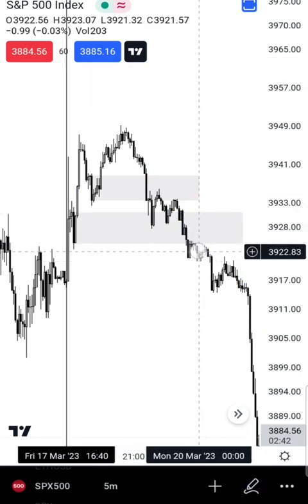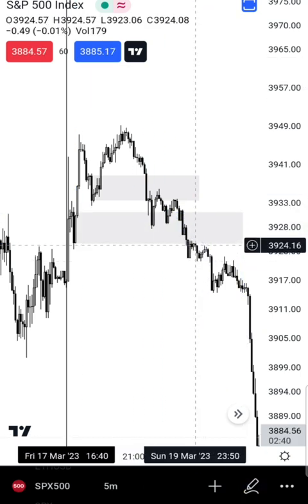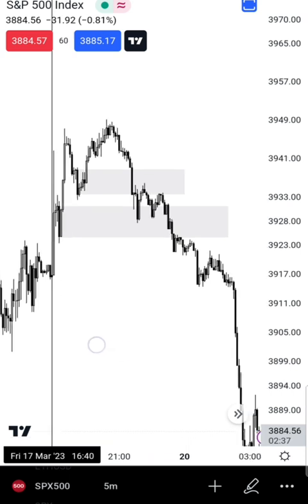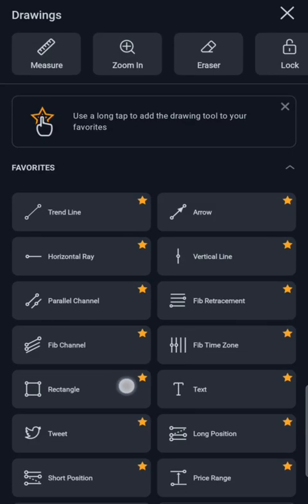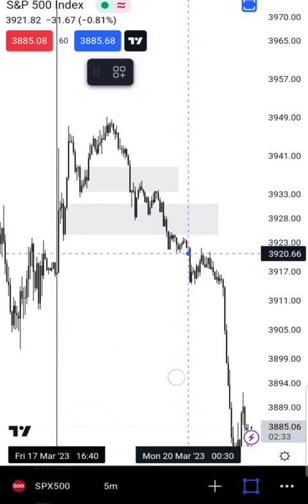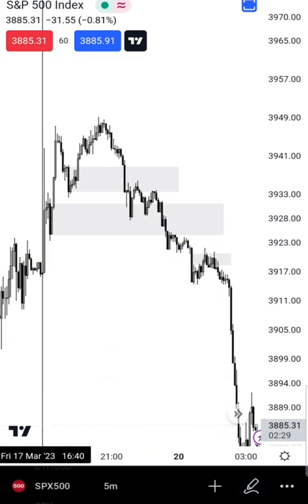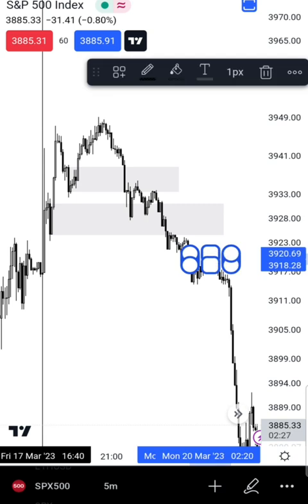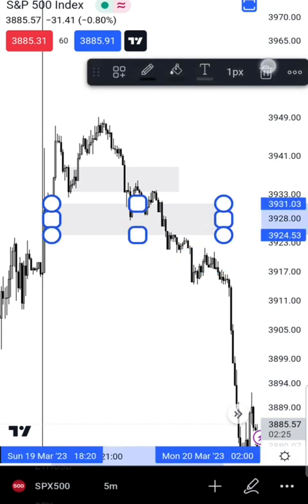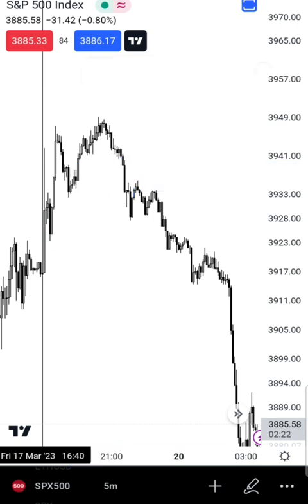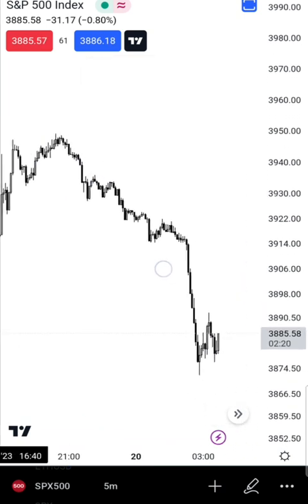As soon as we close below the breaker, then it is activated. And the third continuation entry was this fair value gap. I was watching these, but I didn't feel enticed to take any of them.